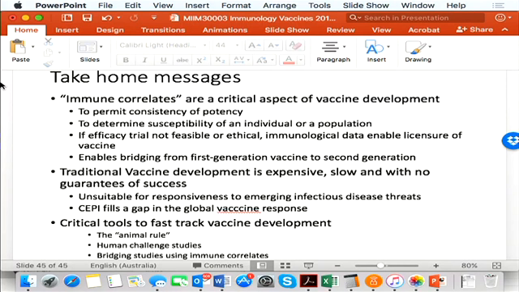Yeah. So most of the time, antibody correlates for vaccines are in fact mechanistic correlates, okay? But sometimes they are not. So let's take the example of, I'll revert to dengue.